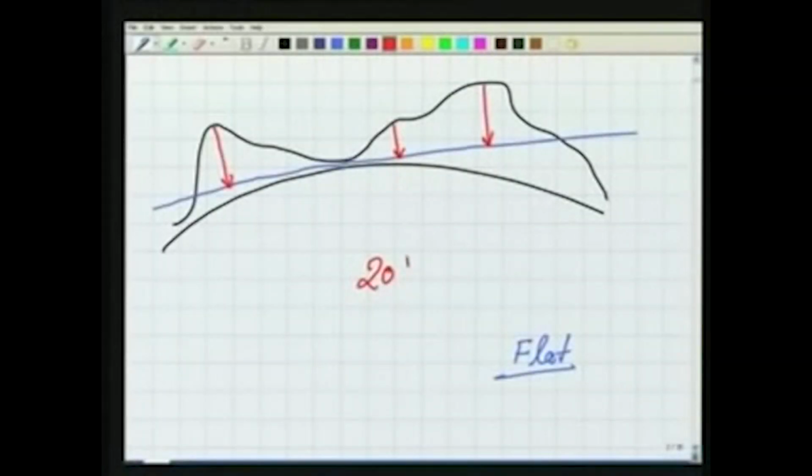For a small area, and this is said that up to a distance of 20 kilometer, there will be a difference in the arc and the chord. For example, for this point itself, let us say from here to this point the distance is 20 kilometer. So the difference in distances between the arc and the chord, okay, the corresponding chord, will be only 10 mm. So this distance is very less, very small.